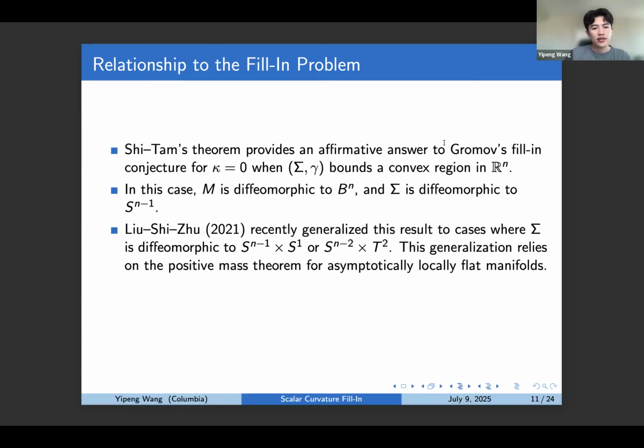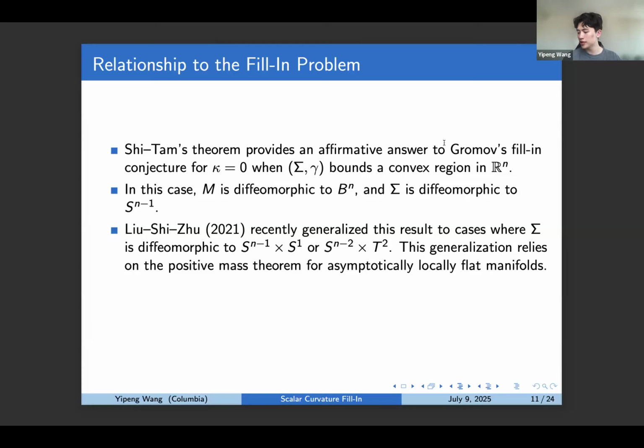So under this spirit, in 2021, Liu, Shi, and Zhu showed that you can also prove the filling conjecture if your boundary is not necessarily diffeomorphic to a sphere, but can also be diffeomorphic to S^{n-1} cross S^1 or S^{n-1} cross the two-dimensional torus. So you can allow an extra torus factor up to 2 dimensions.